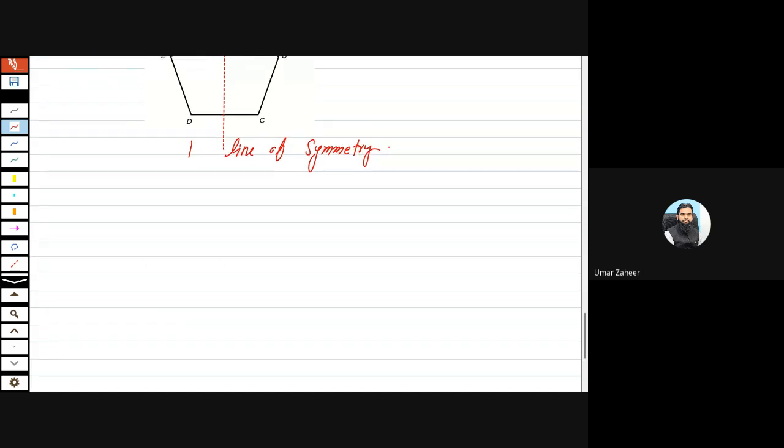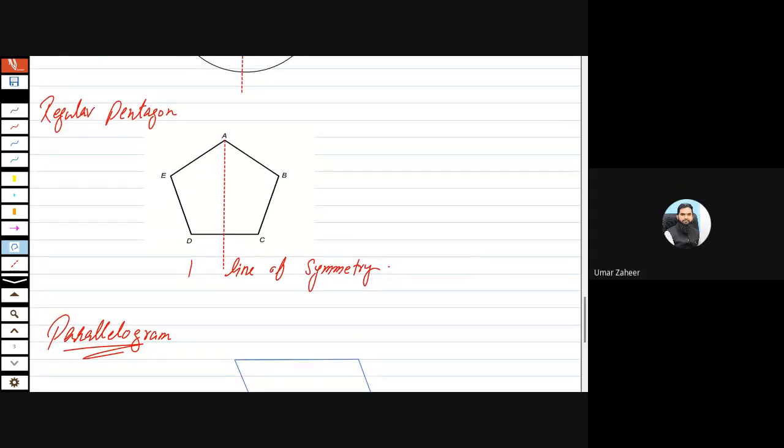Yes, any other shape? We have parallelogram. There won't be more lines of symmetry in a regular pentagon. Where you can make more lines?